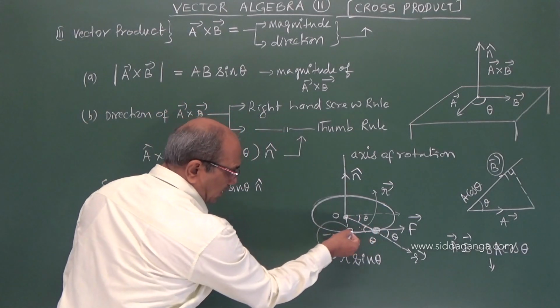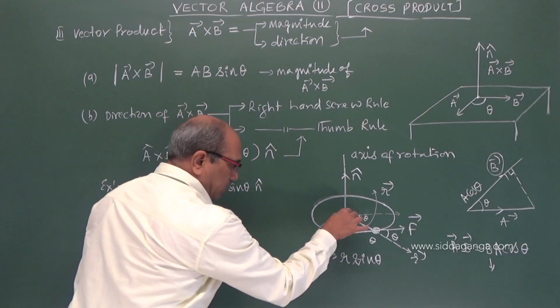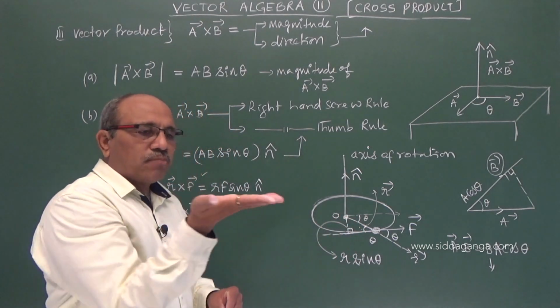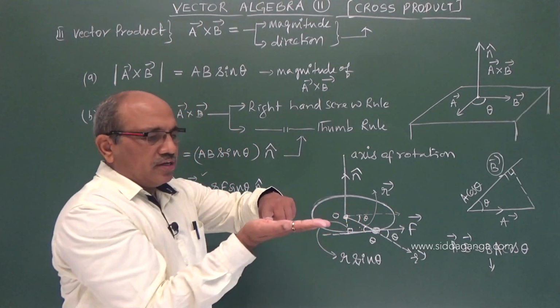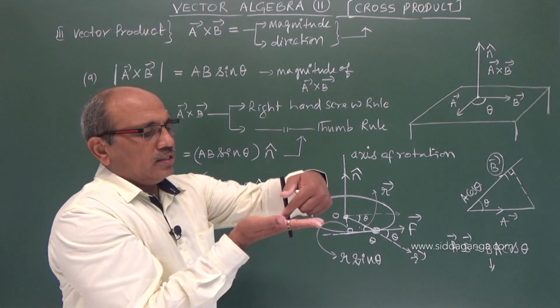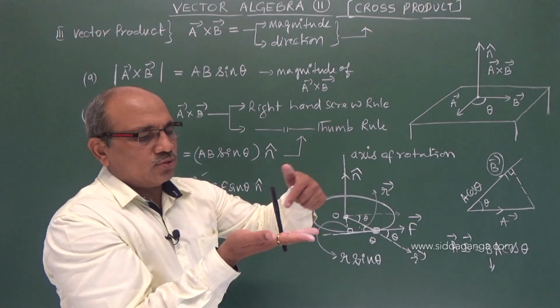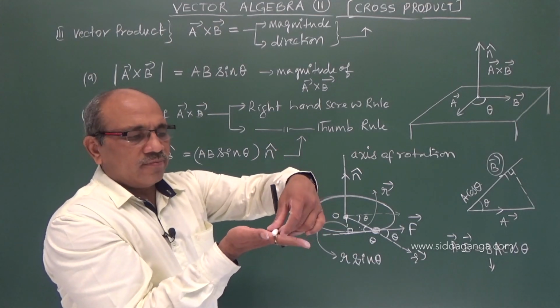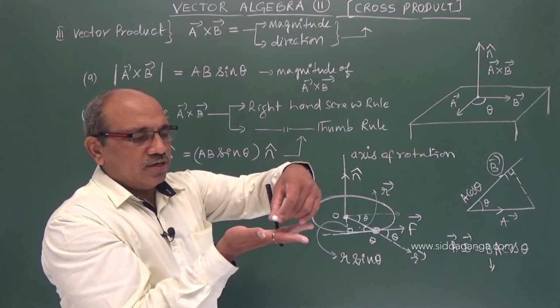Now extend the line of action of the vector and join this. This is the perpendicular distance. If it is here, this is one force and another force. When I extend, this distance becomes perpendicular. This distance is perpendicular.